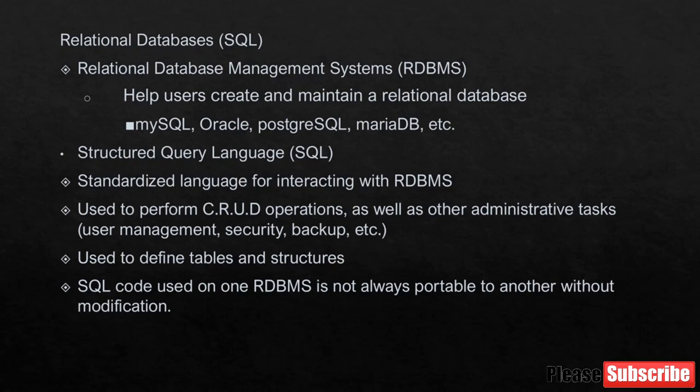So when a user is asking for a service or information from a website, sometimes there is stored data that is given to that user so that he can fulfill his requirement.